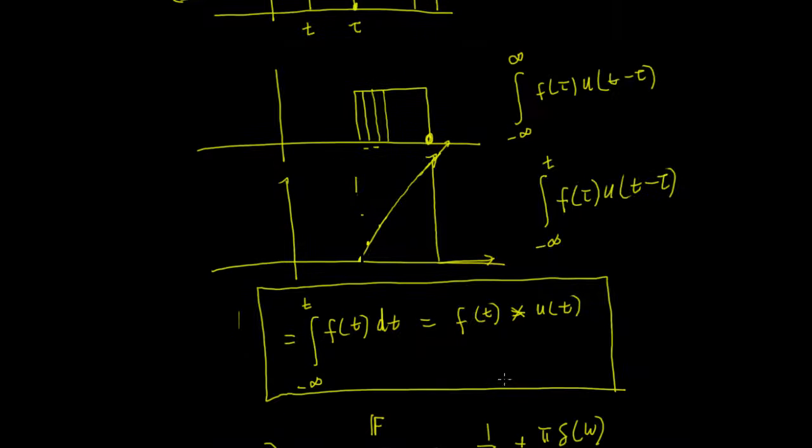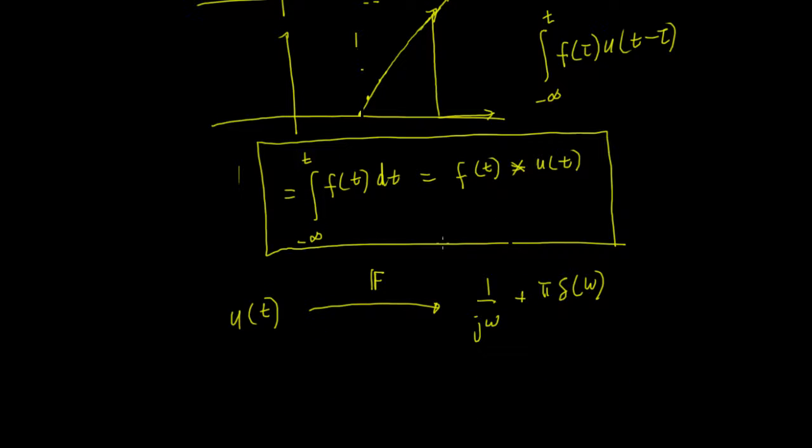Now we proved that in the previous video, so really we can say our g of j omega, which is our integrated function, is going to equal u of j omega, which is a unit step, times f of j omega, which is the function that we wish to integrate.